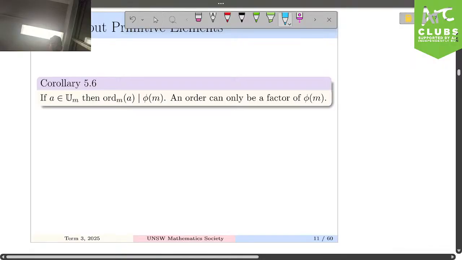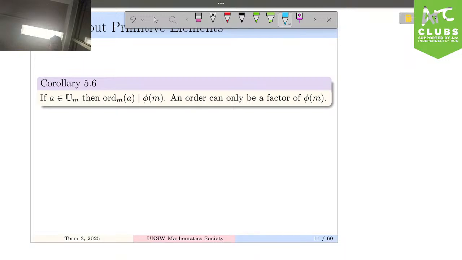All right, here are a couple of corollaries. If A is an invertible element, then the order of any invertible element divides phi of m. What this means is that if I want to check if A is a primitive element, all I have to do is check whether its order is any of the factors of phi of m. So let's say phi of m was equal to 15.